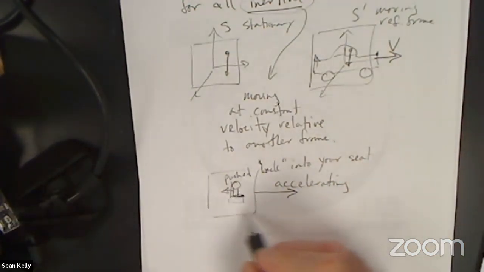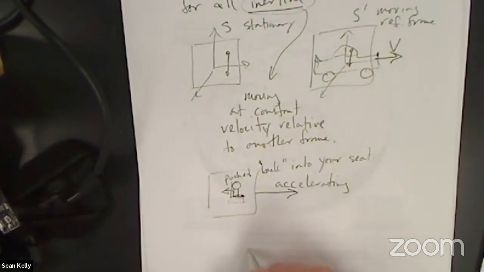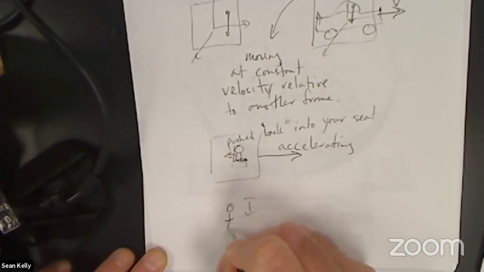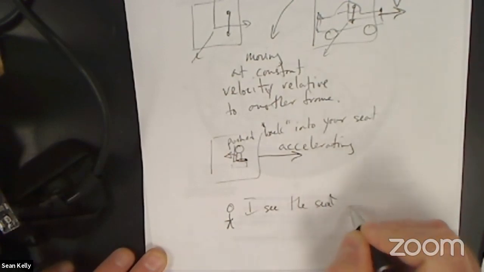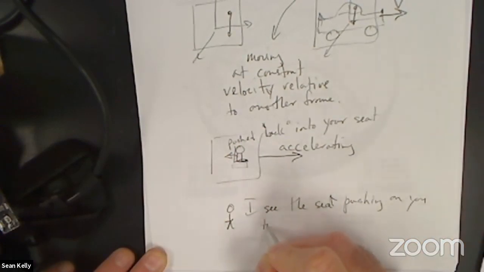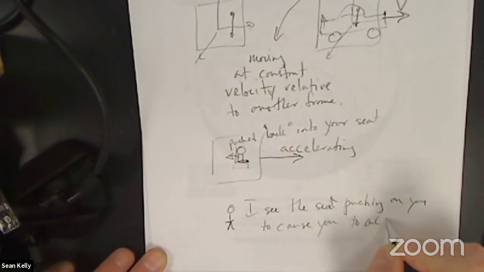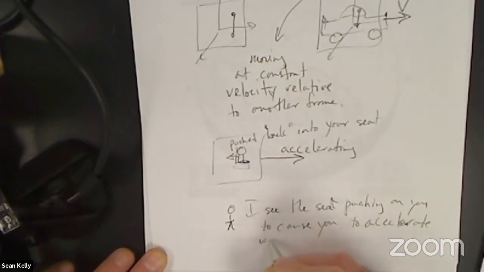And the reason is, it's not that you're being pushed, it's that the seat is pushing on you so that you can keep up with the car, right? If I'm watching from outside the car, I see the seat pushing on you to cause you to accelerate, presumably accelerate with the car.